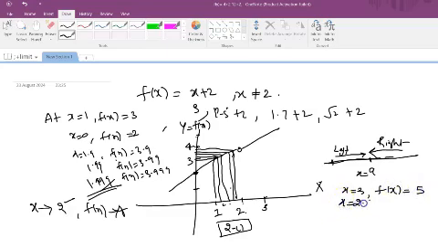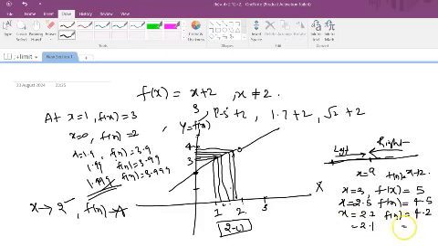When you are at x is equal to 2.5, f(x) was x plus 2, so this would be 4.5. When x is 2.2, your f(x) would be 4.2. When x is 2.1, your f(x) would be 4.1. When x is 2.001, your f(x) would be 4.001.